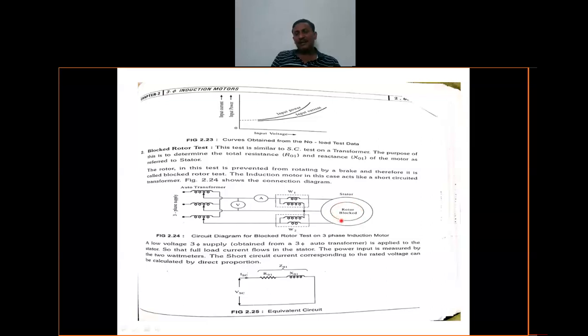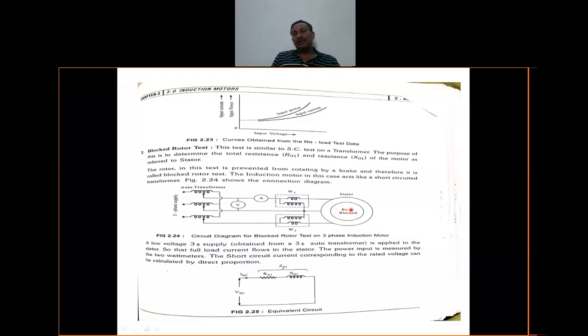By tightening the belt fully, this rotor will be blocked and it is not allowed to rotate freely. The rotor will not rotate, so it can be treated as the block rotor test.